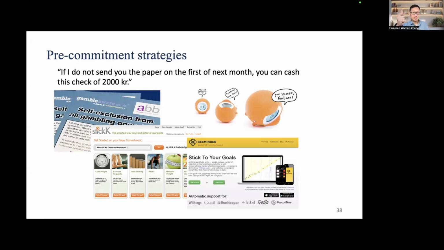You keep this check. If I do not send you the paper by the first of next month, you just cash this check. This is a commitment device, because you certainly do not want to lose 2,000 Danish kroner. Of course, losing that amount of money to your friend is not that bad, but it would probably motivate you a lot to finish the paper on time.